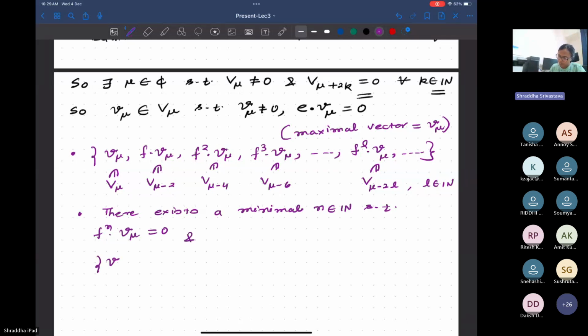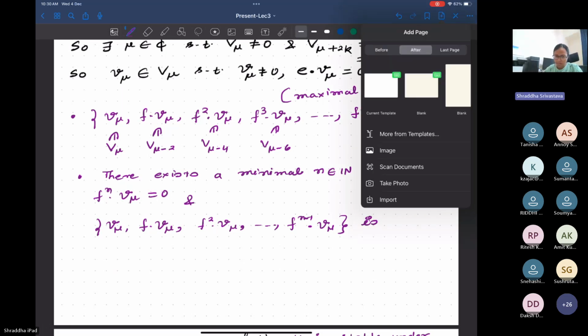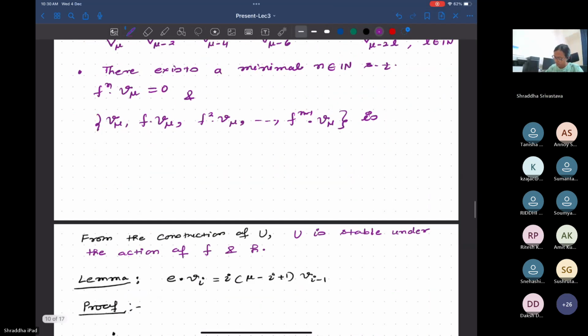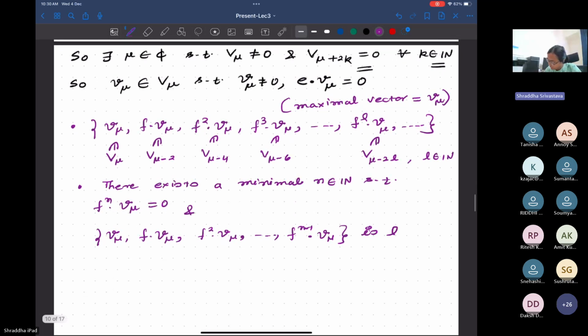Then V mu, F dot V mu, up to F to the n minus 1 V mu are all non-zero because of minimality. So this is a set of non-zero vectors, and it is linearly independent. Why is this set linearly independent?